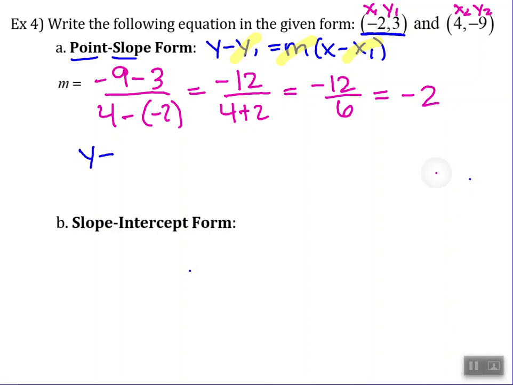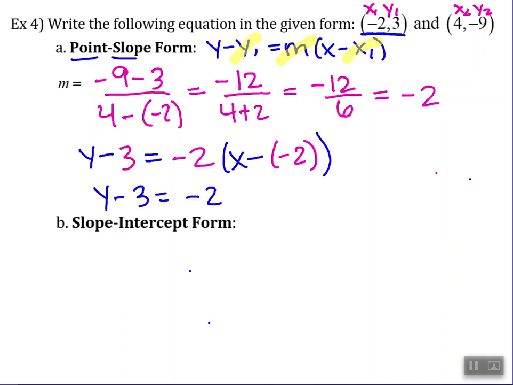So I'm going to do y minus my y1, which is 3, equals my m, which I just found, -2, times x minus my x1, which is -2. This one's going to be y minus 3 equals -2(x plus 2).